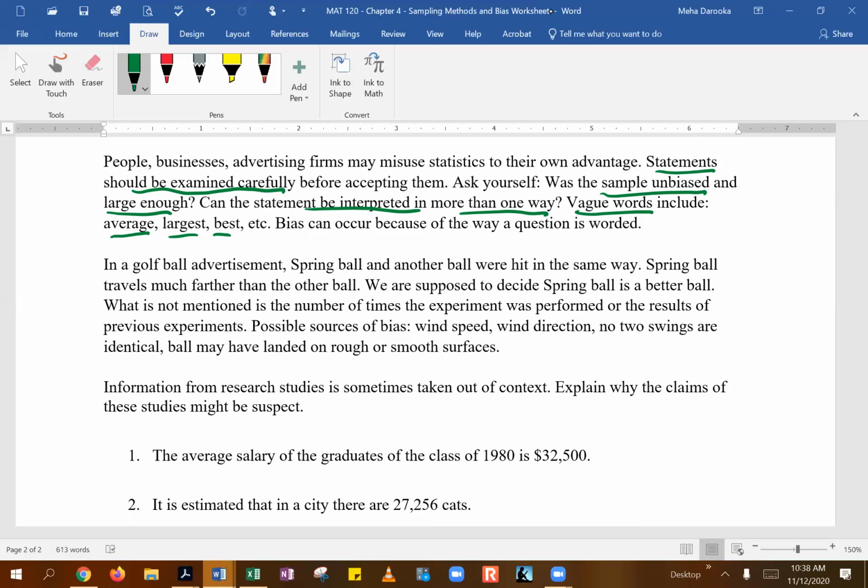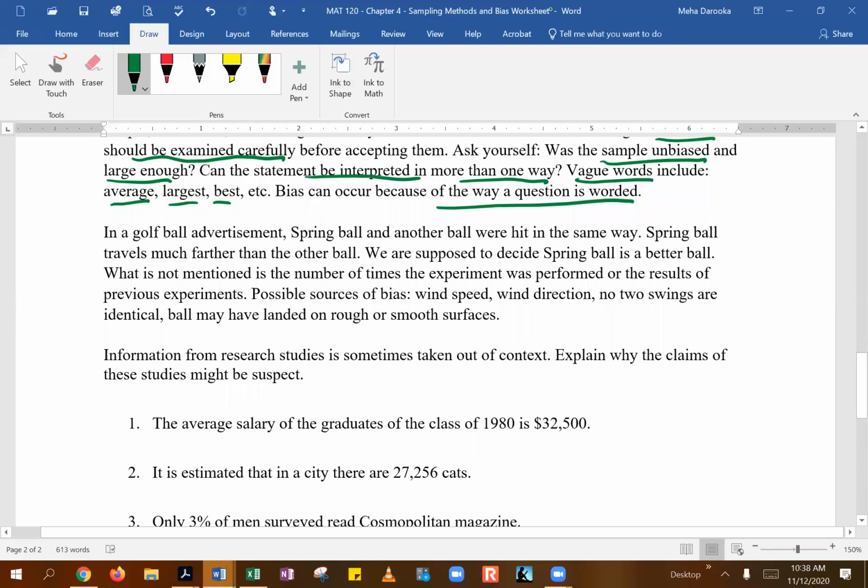So bias can occur because of the way a question is worded. Here they're talking about a golf ball advertisement, where Spring ball and another ball were hit in the same way. Spring ball travels much farther than the other ball. We are supposed to decide Spring ball is a better ball because obviously it travels a lot farther.